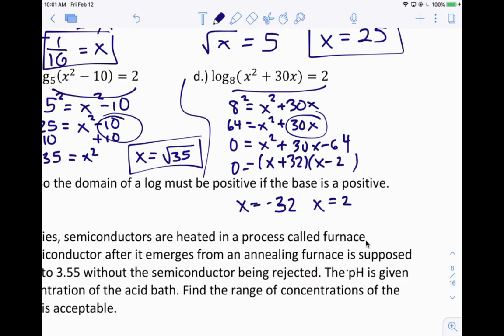If I plug in negative 32 squared plus 30 times negative 32, I get a really big negative number, negative 1984. So all of a sudden I get something that doesn't exist, and so this is actually a garbage answer.